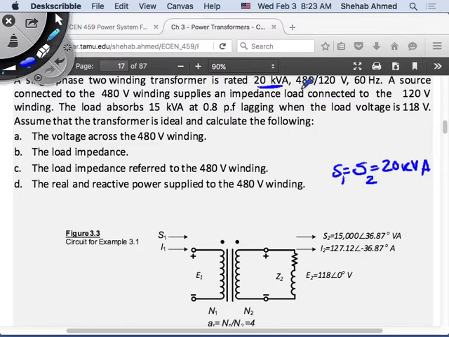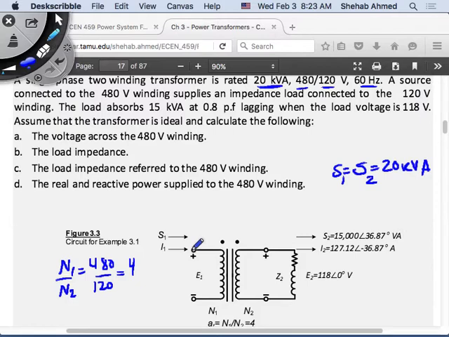Primary is 480 volts, secondary is 120 volts, so the turns ratio is what? This is 4 times, right? So N1 over N2 is equal to 480 over 120, which is equal to 4. And we have a 60 Hertz source. The source is connected to the 480 volt winding, supplying an impedance load connected to the 120 volt winding.